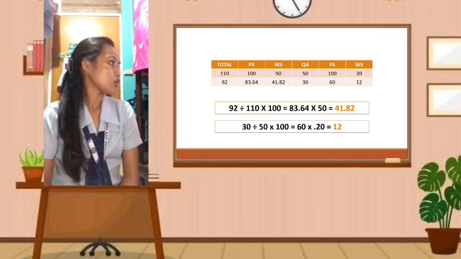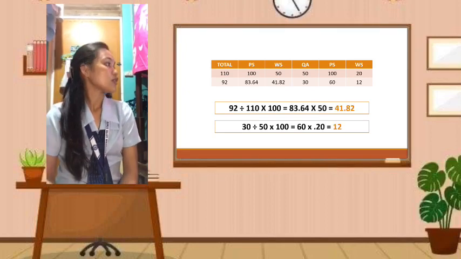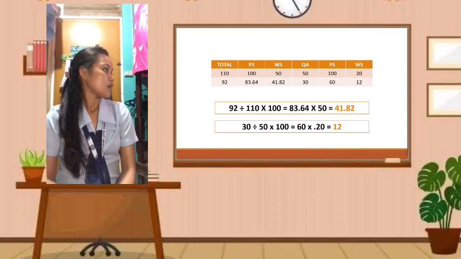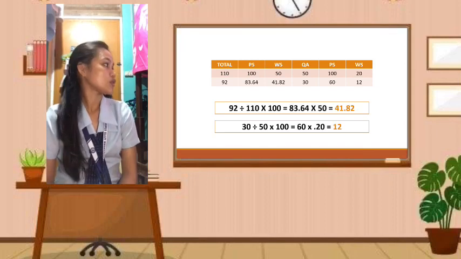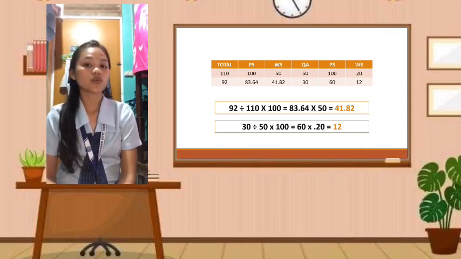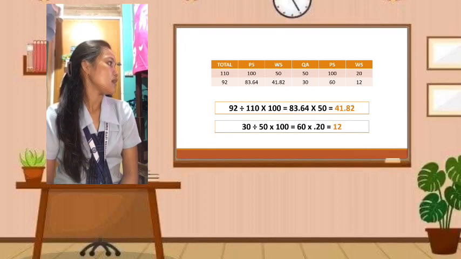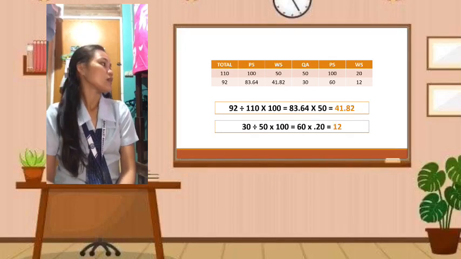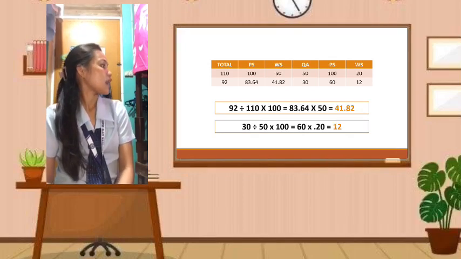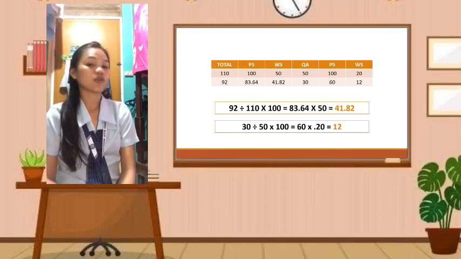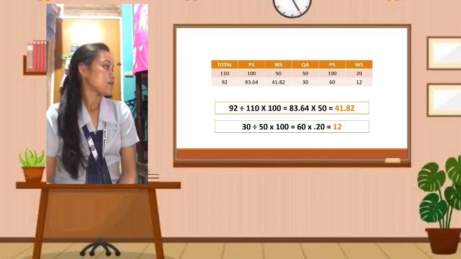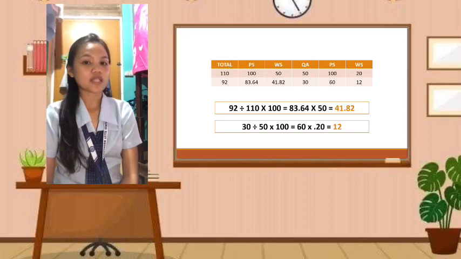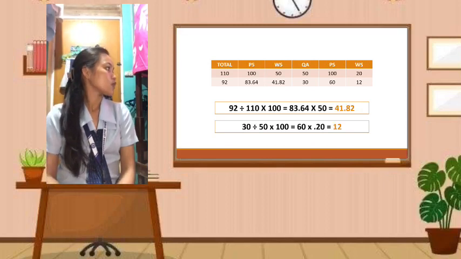So 41.82. For the quarterly assessment, she has 30 and the total is 50. So we are going to compute to get the weighted score of the quarterly assessment. 30 divided by 50 times 100 is equivalent to 60 times 0.20%, which is equivalent to 12.